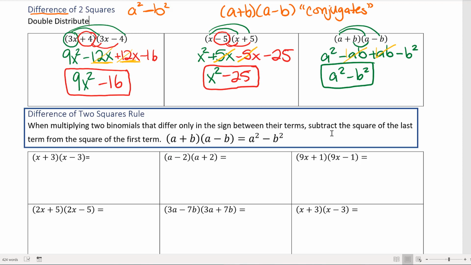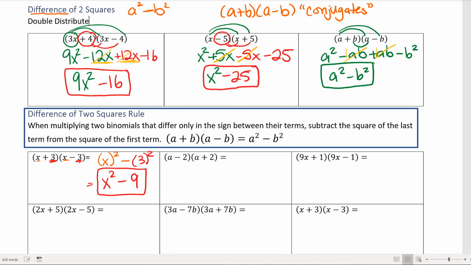So instead of distributing x plus 3 times x minus 3, I could distribute it, but I'm trying to use the rule. To use the rule, I'm just going to take the x and square that, so x squared, minus, and take the common 3 in the back, and that's 3 squared. So x squared minus 3 squared is just x squared minus 9.